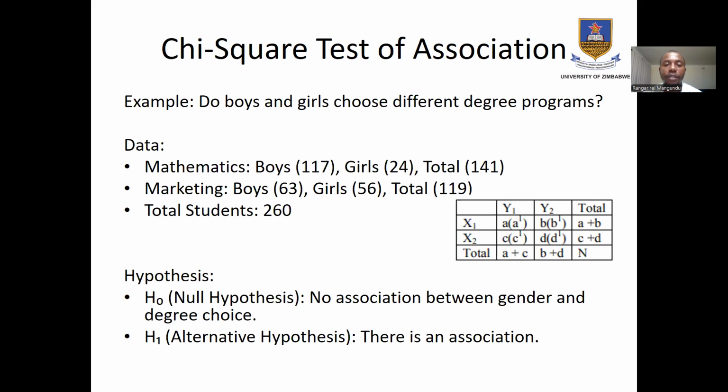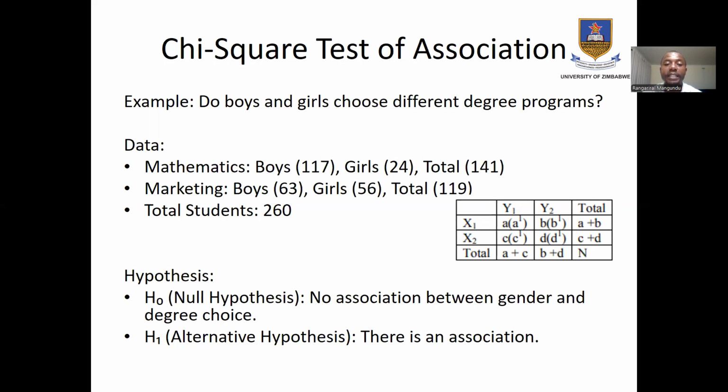All right, let's look at our example. Do boys and girls choose different degree programs? We're given some data here. 117 boys chose to do mathematics and girls were 24, making up a total of 141 in the mathematics program.